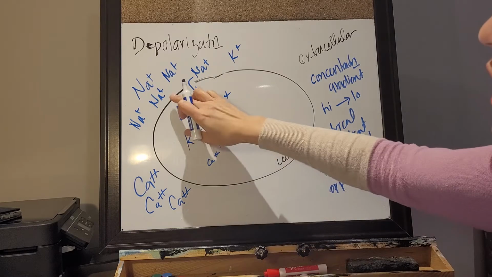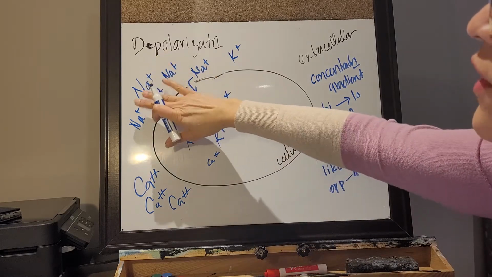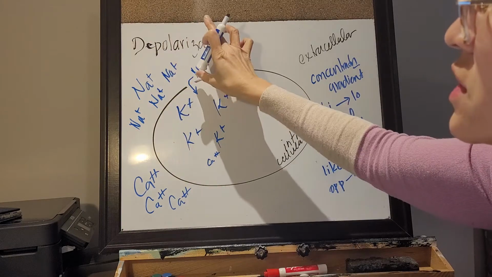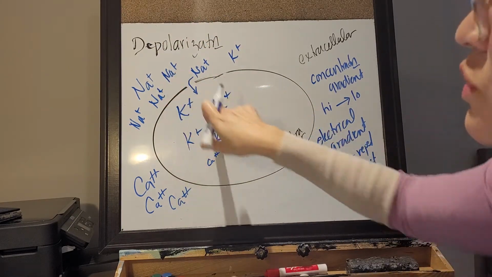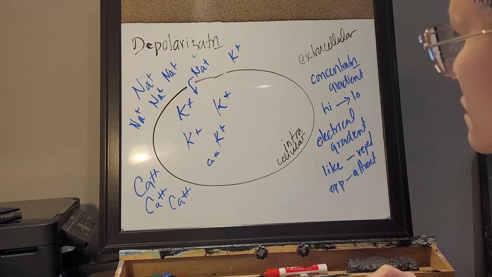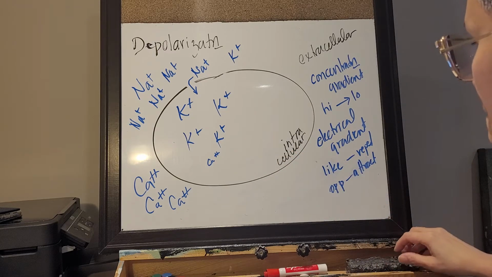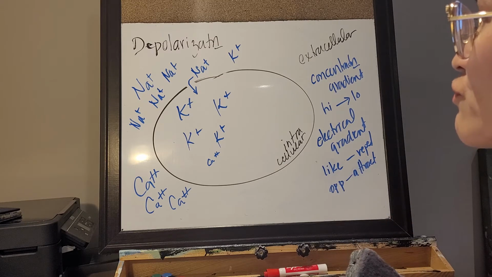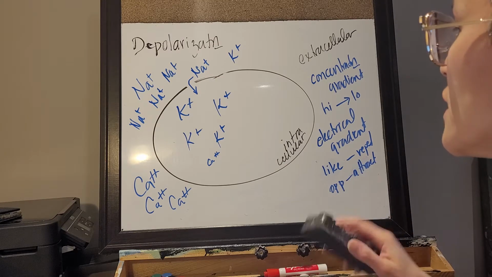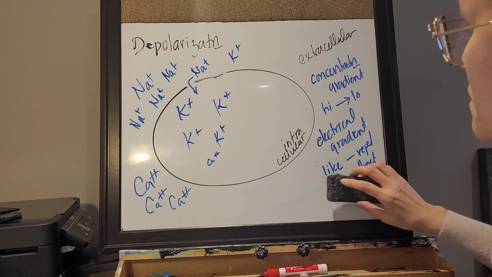Again, because there's so many here and they're all positive, and it's mostly positive here and a little less positive inside, the electrical gradient would also push sodiums inside. So there's a concentration gradient that promotes the movement of ions, and there's also an electrical gradient.